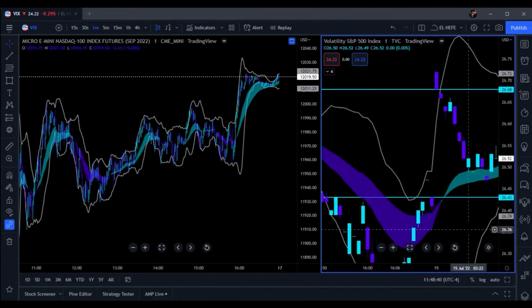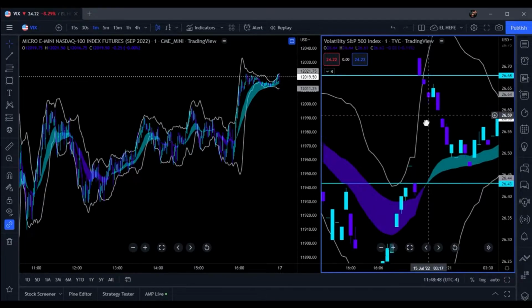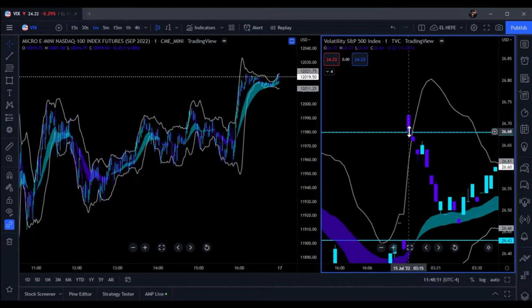So you're going to set your close on a 1-minute chart. It's the close of the last 1-minute candle, and it's the close of the first 1-minute opening bar.